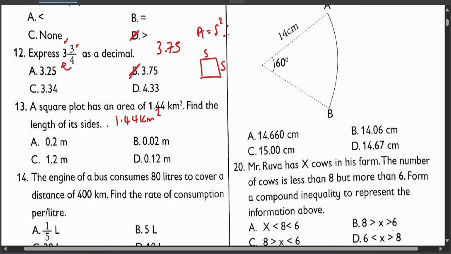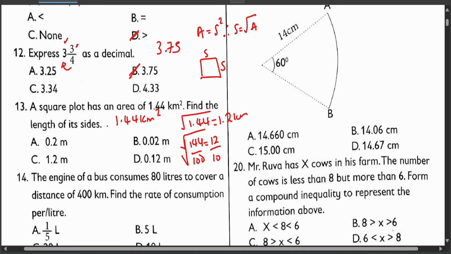If you don't know your side, you take the square root of the area. So let's do the square root of 1.44, which is 144 over 100. The square root of 144 is 12, the square root of 100 is 10. So the square root of 1.44 is 1.2 kilometers.